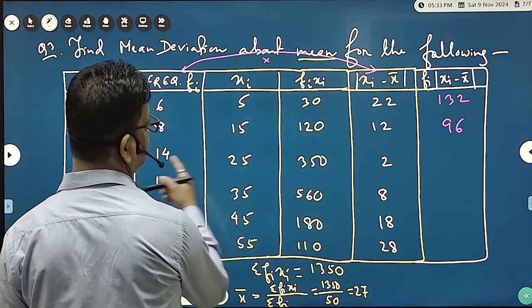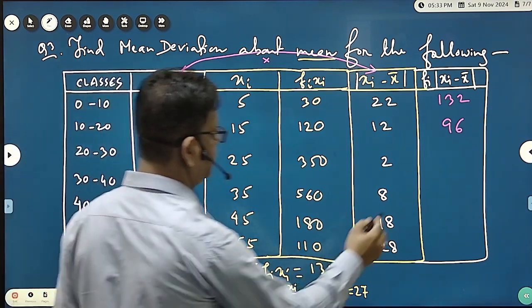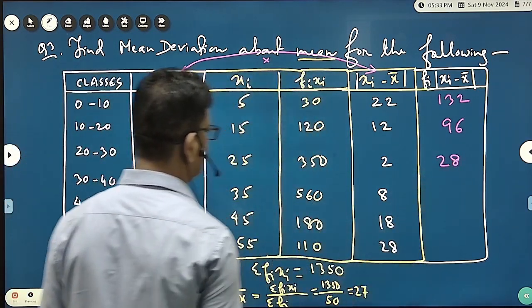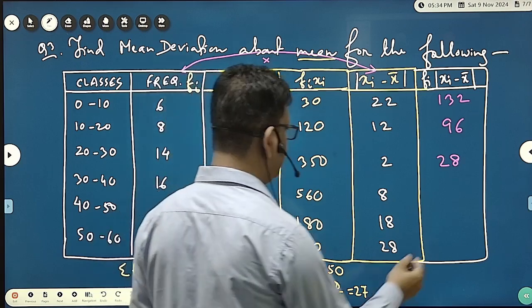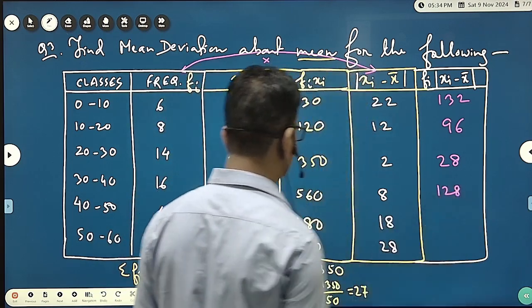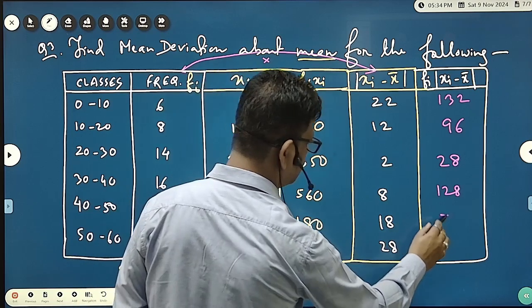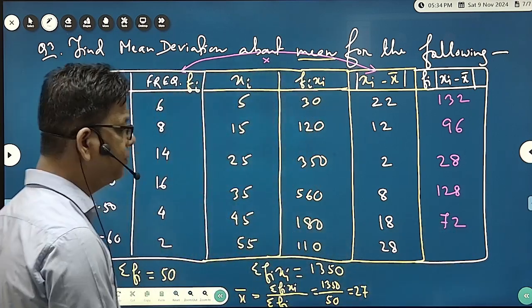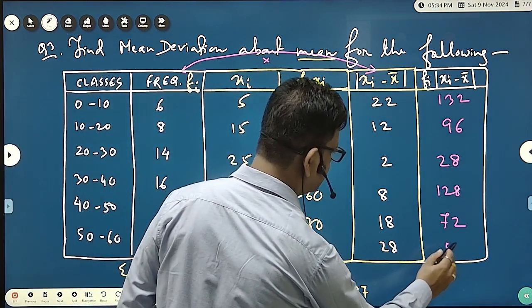Then Fi is this, modulus of xi minus x bar is 2, so 14 into 2 is 28. Then 16 is 128, sorry, 128. Then 4 into 18, is it 72? Check it and let me know, is it 72? Yes. And 2 into 28 is 56, right?